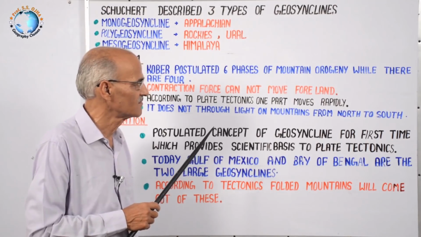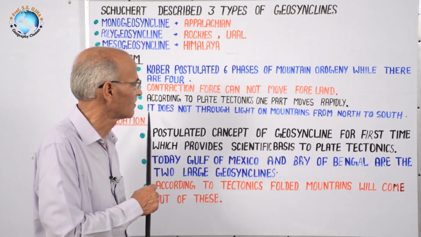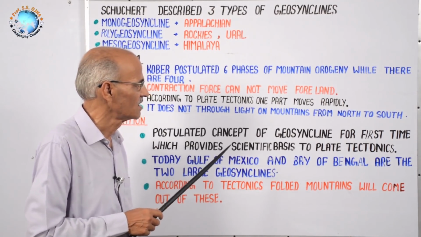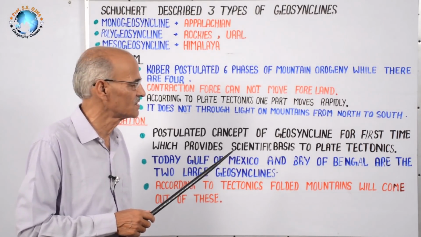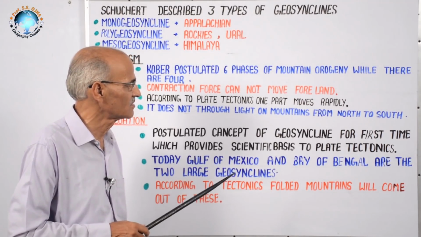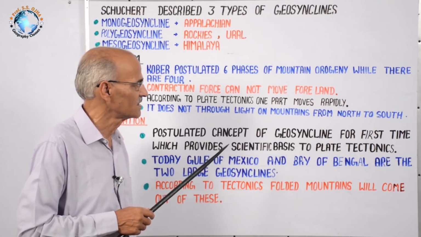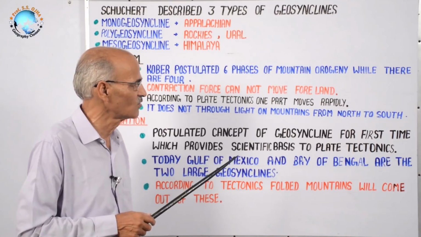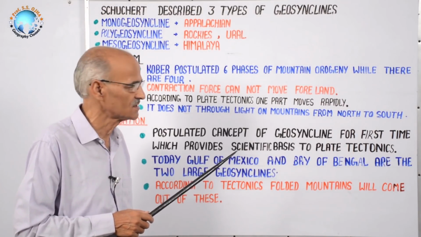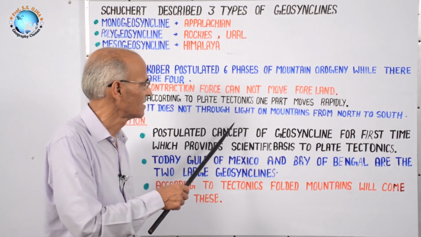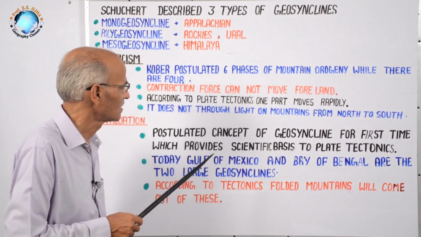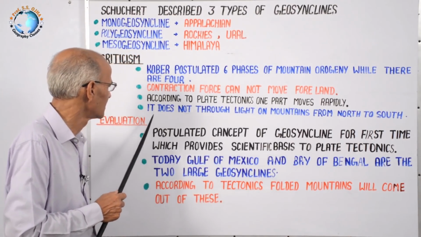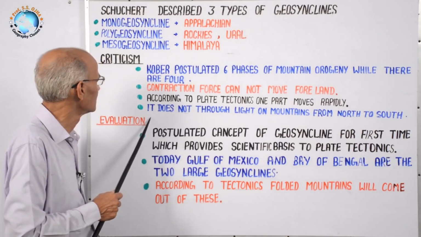The direction of these mountains is from west to east, while there are a number of folded mountains extending from north to south, for example Rockies, Andes, Great Dividing Range. The origin of these mountains out of geosynclines had not been given or discussed by KOBER. That's why this theory is subject to criticism.